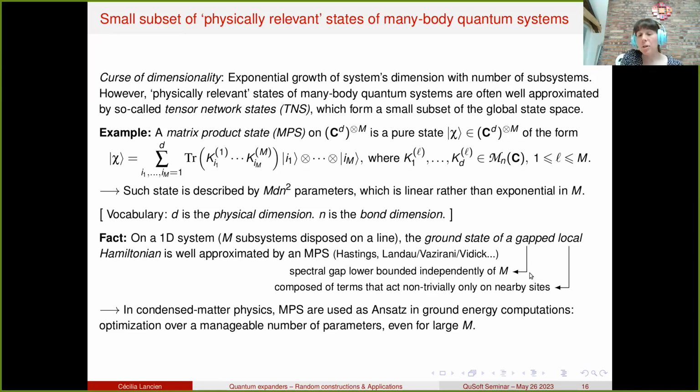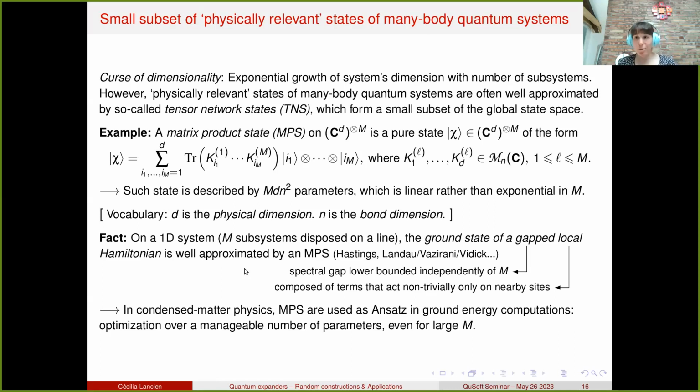The fact that it's gapped means that there is a spectral gap between its ground energy and its first excited energy, which is lower bounded by some constant independent of m. So even when m grows, this spectral gap doesn't close to zero.